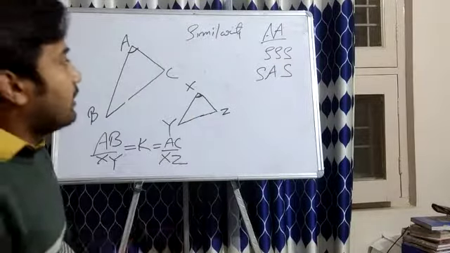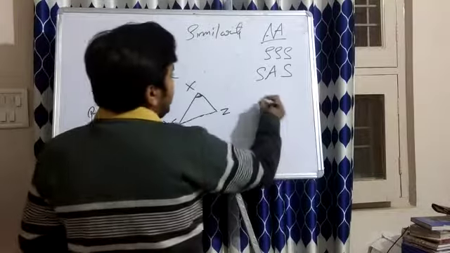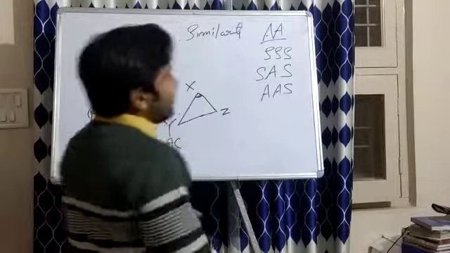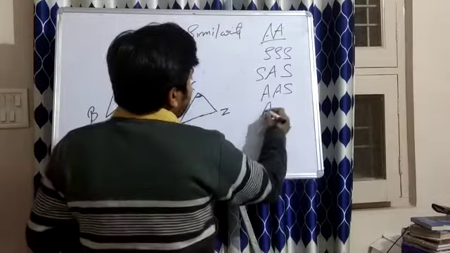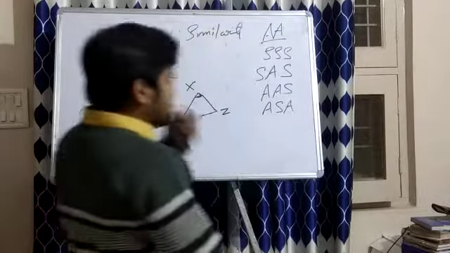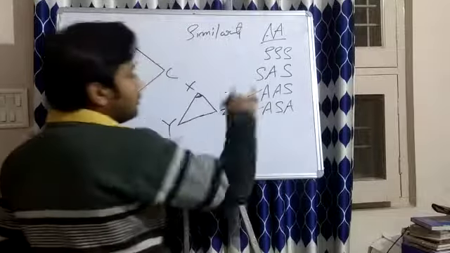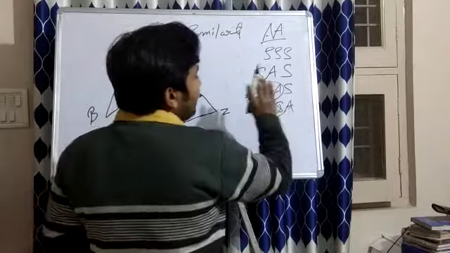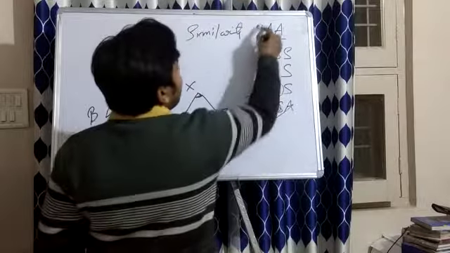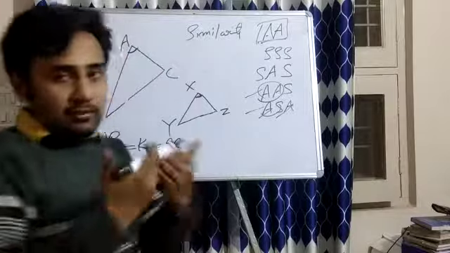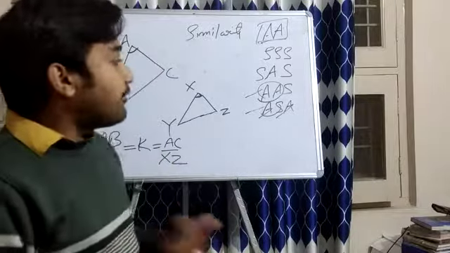Now you can also ask me, what about the postulates AAS, or you may ask me about ASA. Well, if you closely look at these two, we are given that these two angles are equal, and we have already proved that if two angles are congruent, or equal, then the two triangles qualify for similarity.